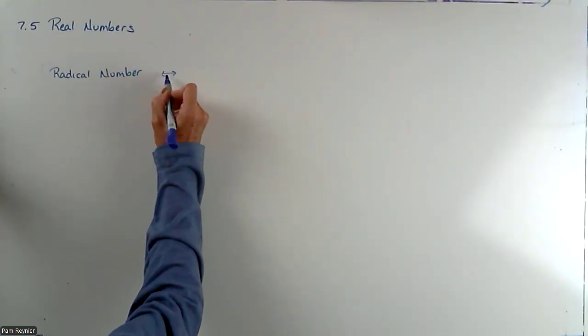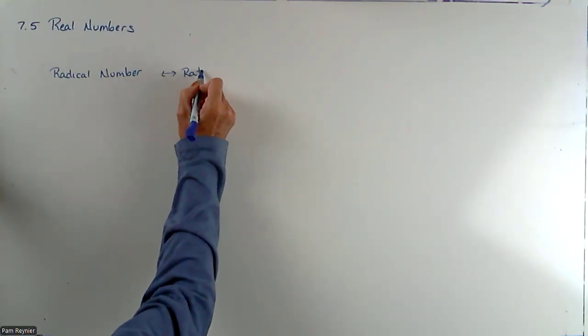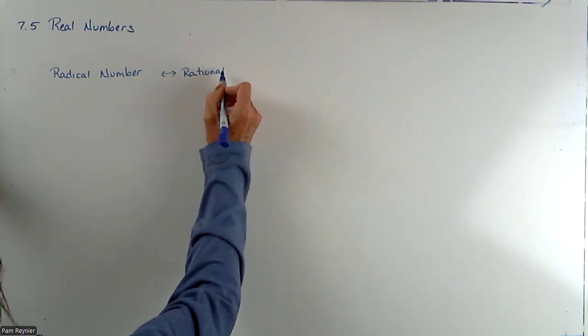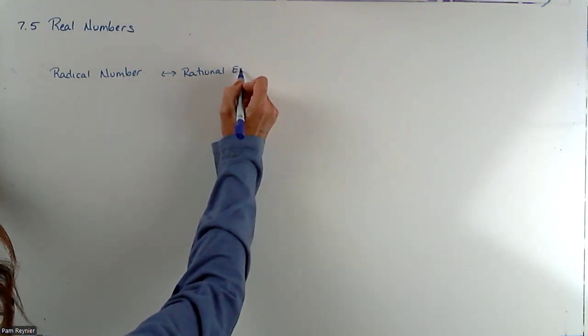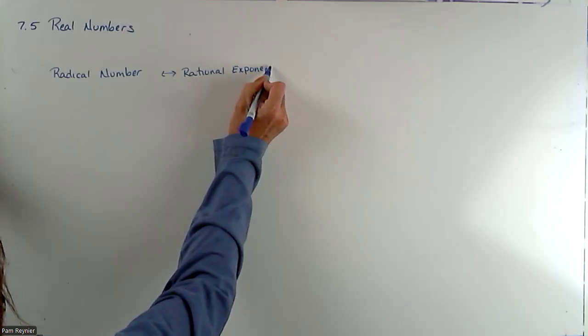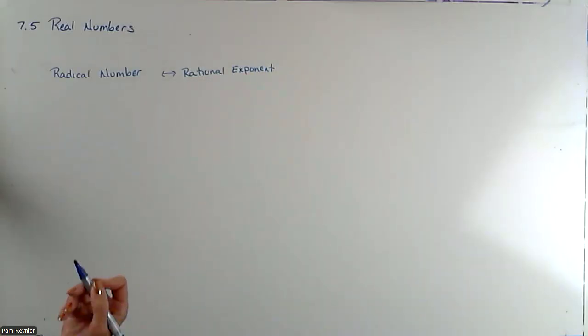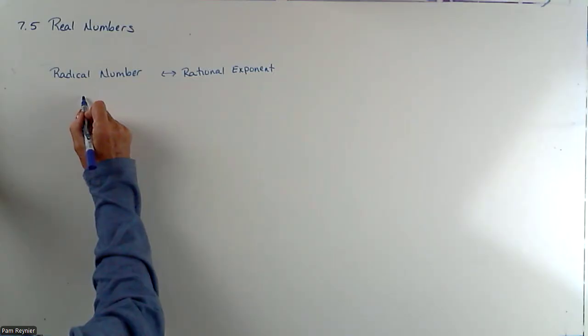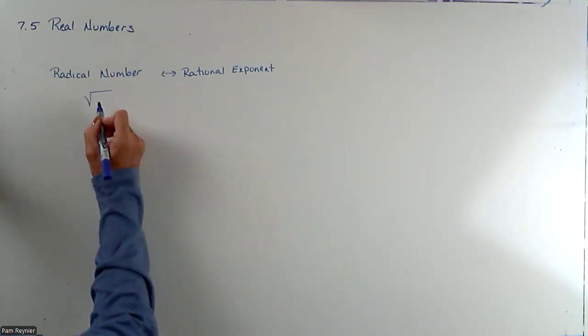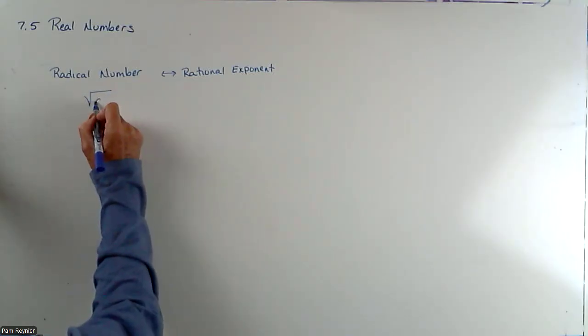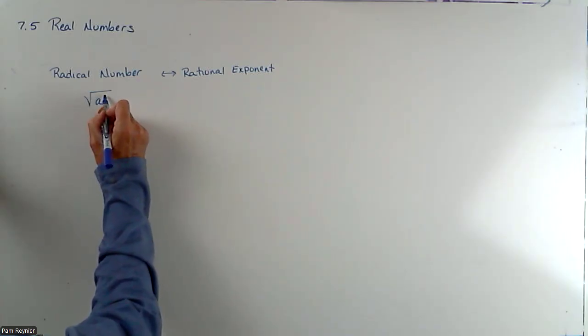A radical number can also be written using a rational exponent, remember that's a fraction. So let's start with the following. Let's say we have the square root of a to some number, n.